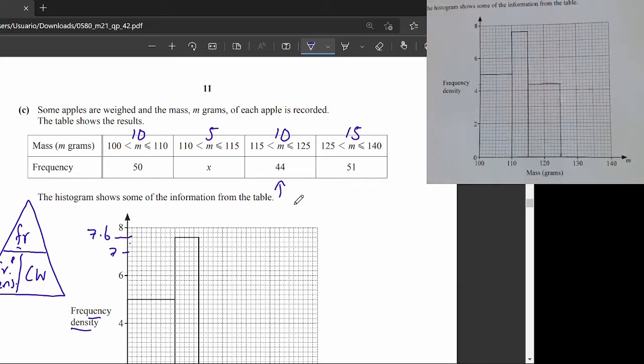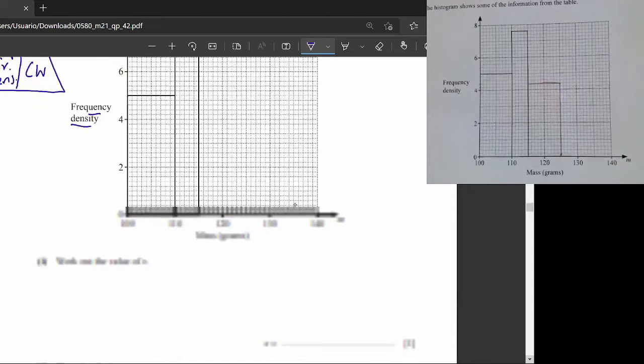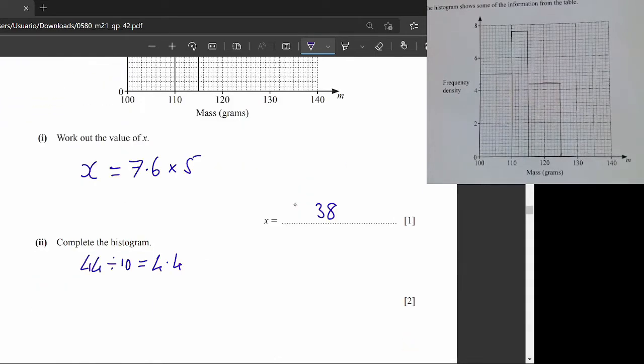Second bar over here. Frequency 51 divided by 15. So the second calculation is 51 divided by 15, which gives us 3.4. Okay, double check that.